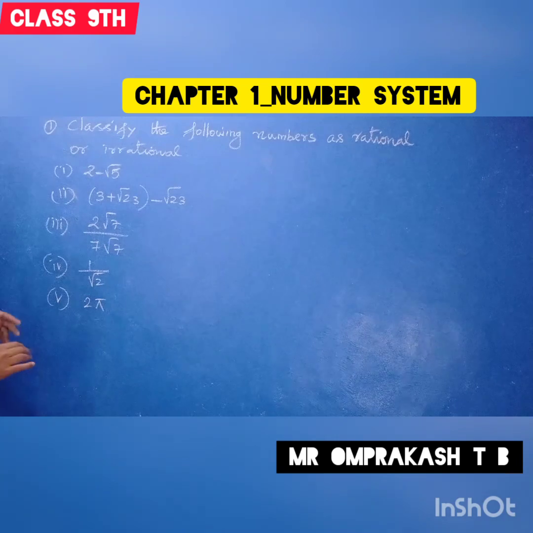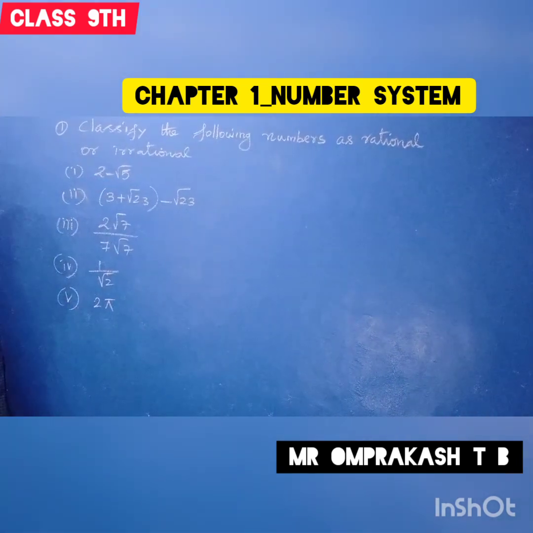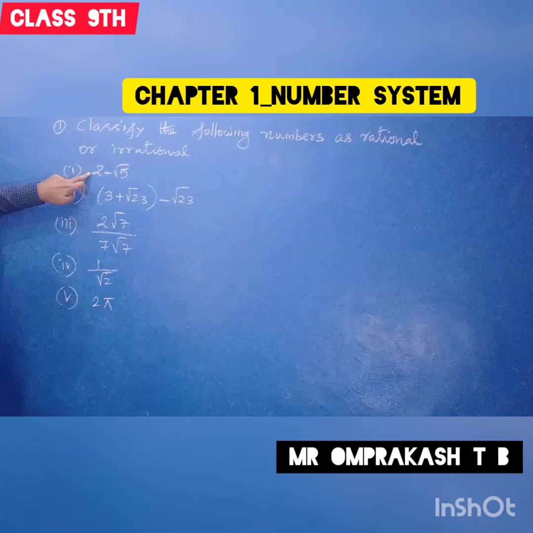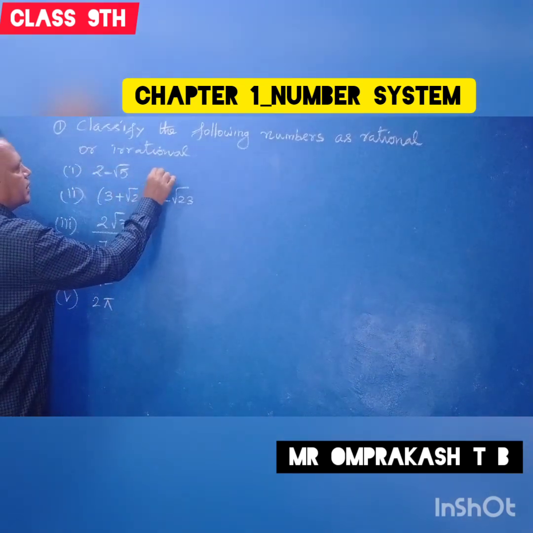Clear? So now 2 minus root 5. It is clearly what? Irrational number, because root 5 is an irrational number. So you subtract any number also, you will get an irrational number. So it is an irrational number.